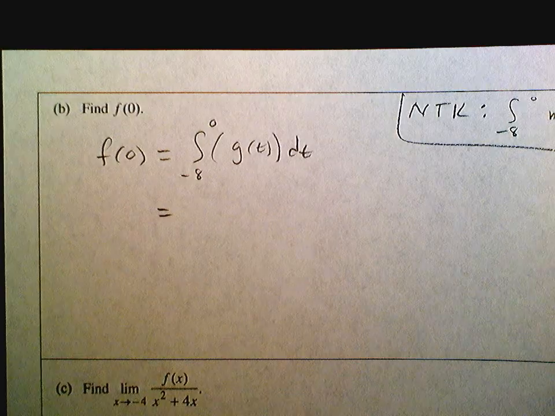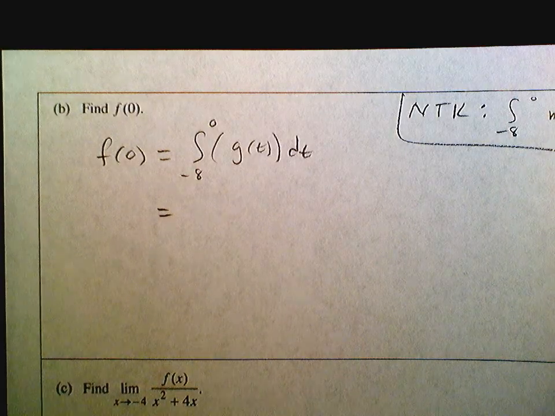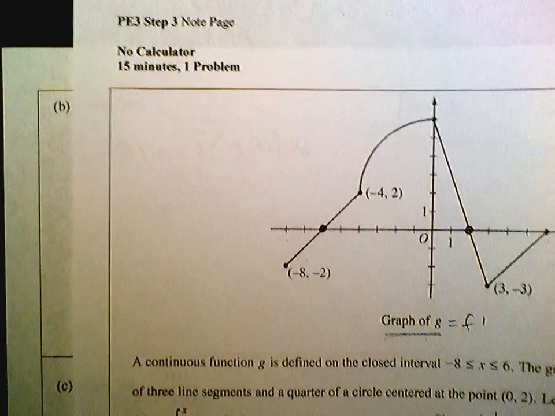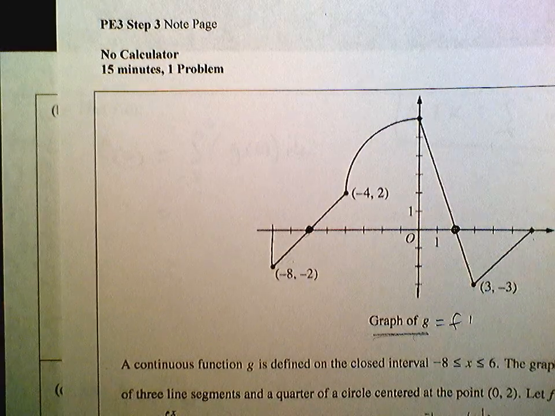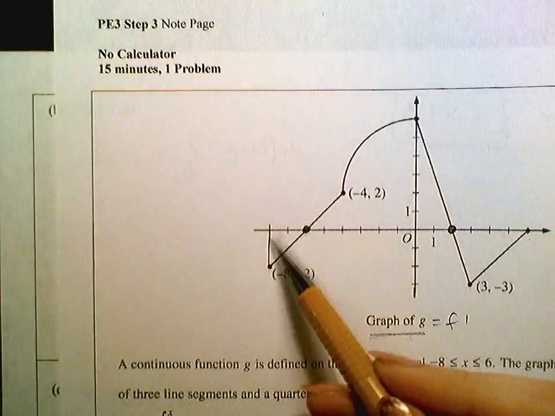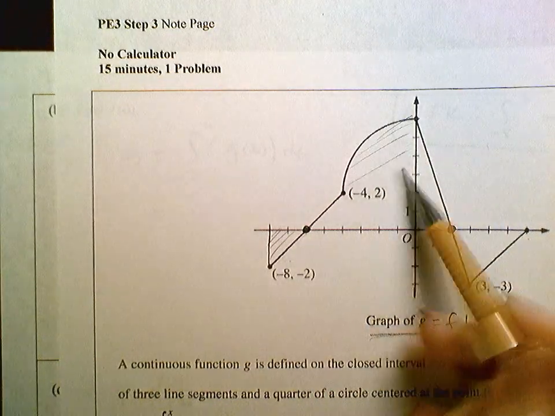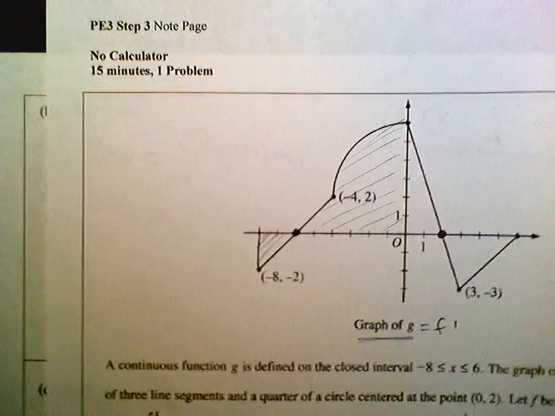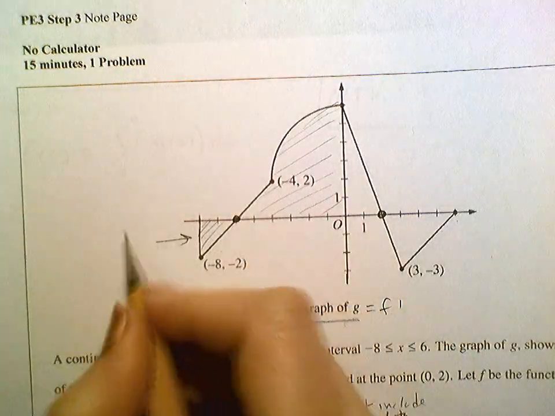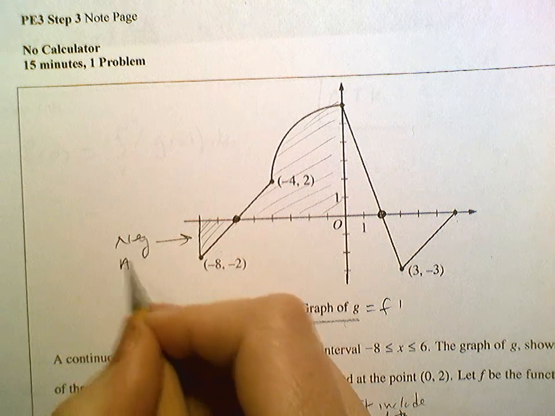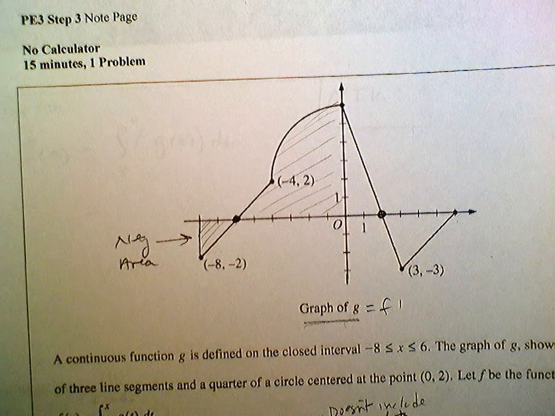So now if we look at this picture, we've got to do the area under the curve from -8 to 0. I need this area, so we've got to break it up into shapes. And this, by the way, is going to be a negative area because it's below the x-axis.